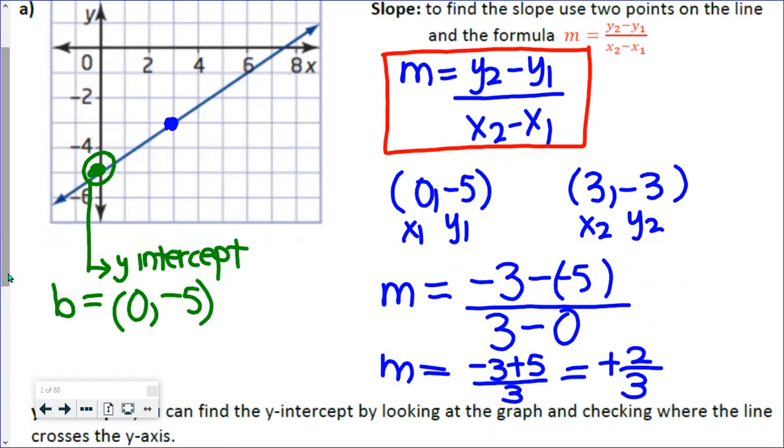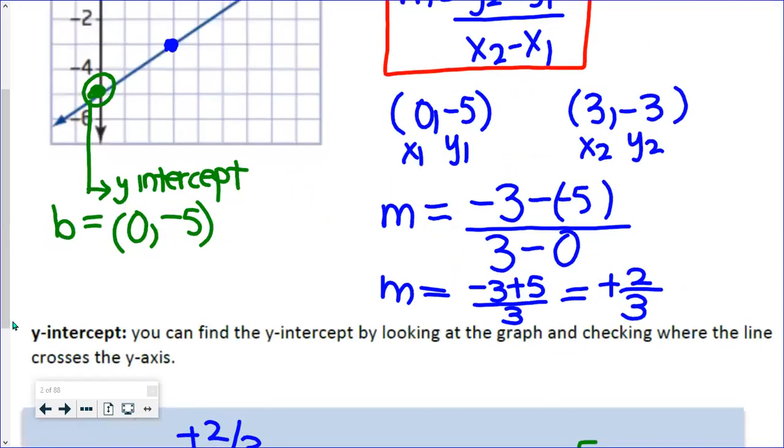The leftmost point, we always want to make the leftmost point, 0, -5, our x1, y1. 3, -3 is x2, y2. So our slope formula gives us a slope equal to +2 over 3.